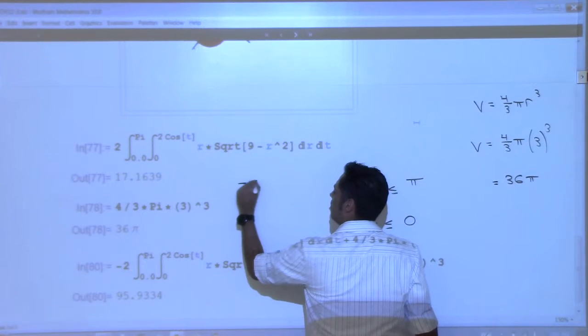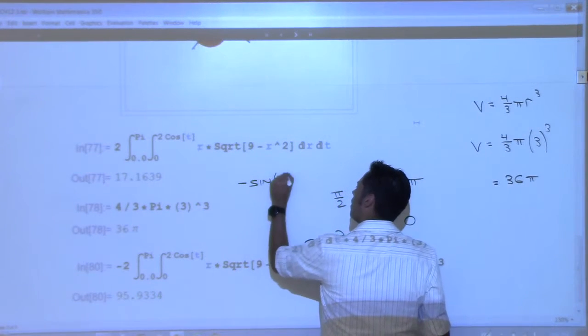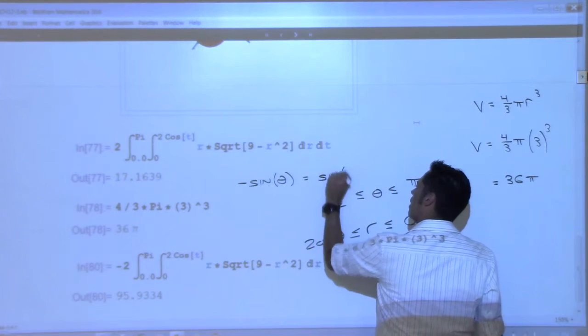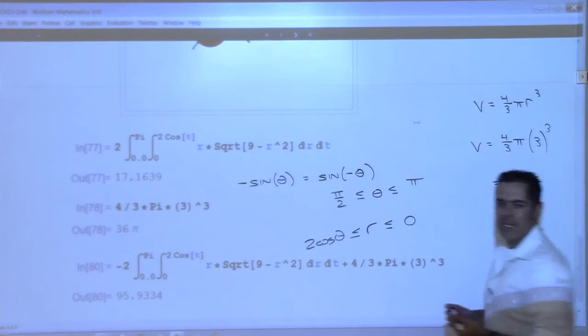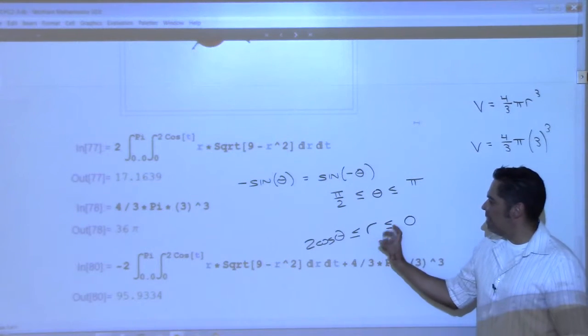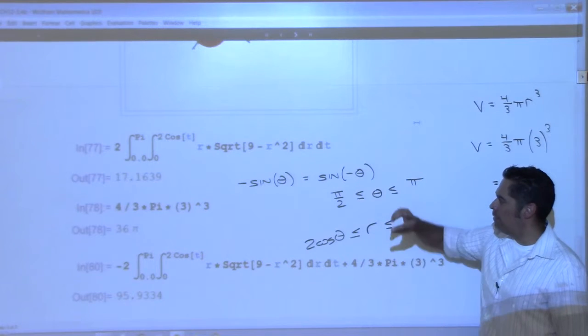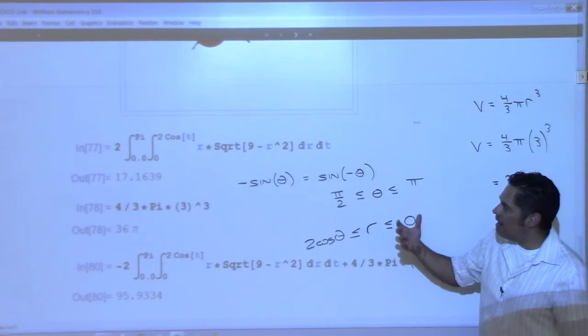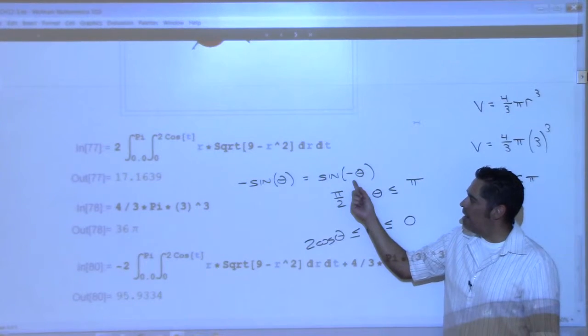What is it? We know sine of theta is equal to negative sine of negative theta. That's what it means to be odd, right? So when we flip the order of integration, because we wind up with sines, it's not going to matter.